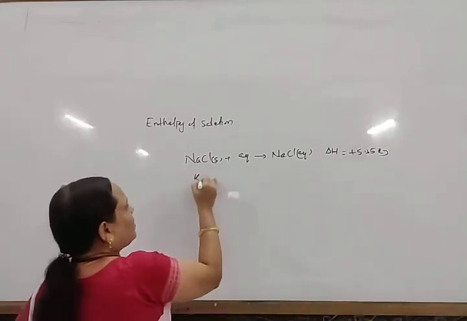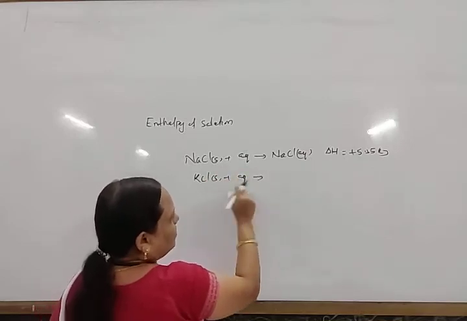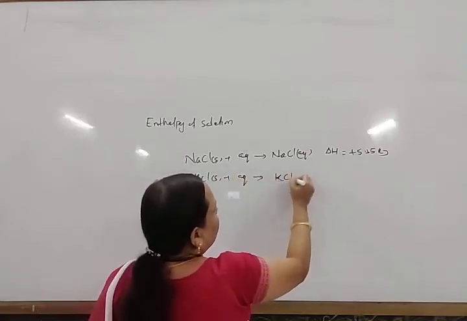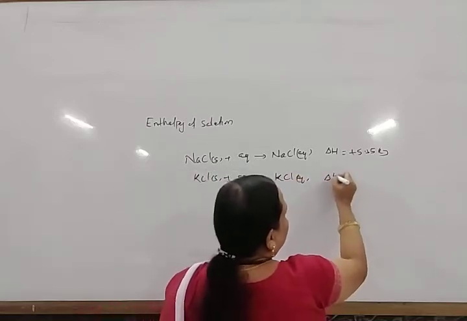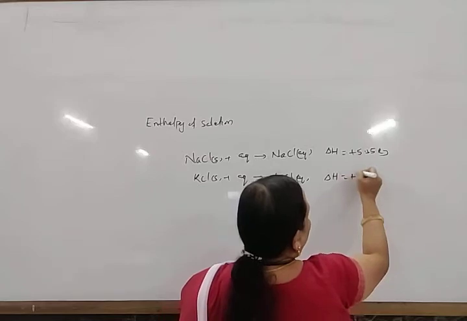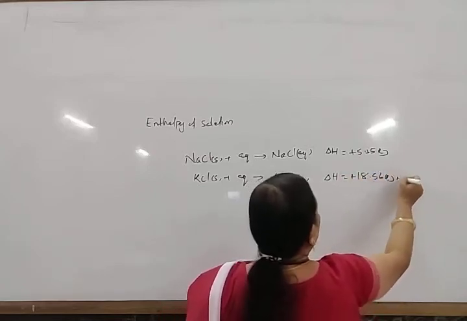Similarly, when potassium chloride dissolves in water, it gives KCl aqueous solution, and here ΔH is plus 18.56 kJ mol⁻¹.